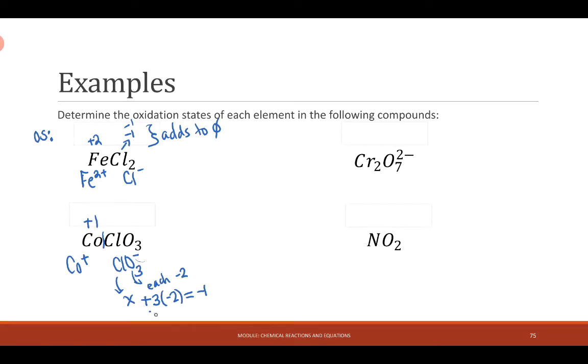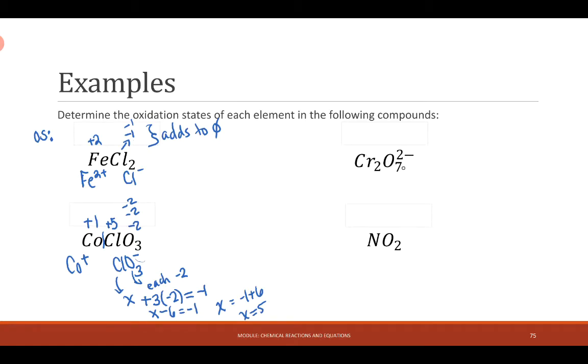And so that gives me X minus 6 is equal to -1. And so X is equal to -1 plus 6. And so X is equal to 5. And so my chlorine is a +5 oxidation state, and each oxygen is a -2 oxidation state.